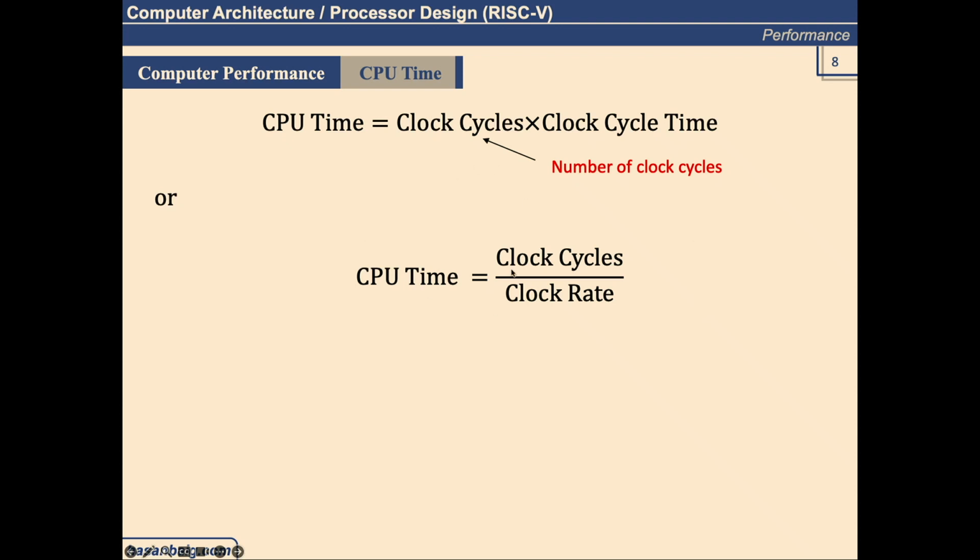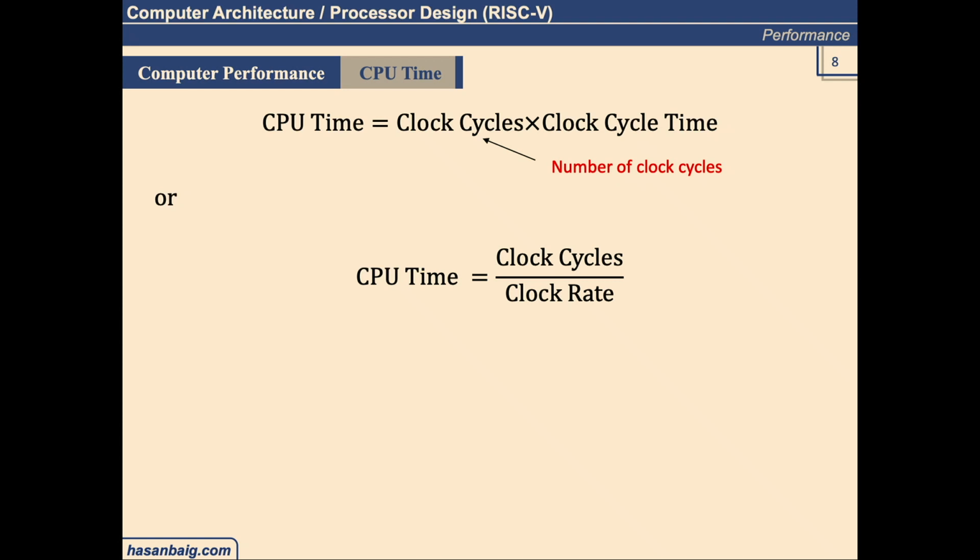So by looking at this formula, how do you think we can improve the performance? First of all, you should know how the performance of a computer in terms of CPU time is evaluated. If I say CPU time is evaluated by this formula, how can you say that the performance is improved? By increasing the clock rate. Of course, when you have a processor running at a higher frequency, the clock rate is frequency.